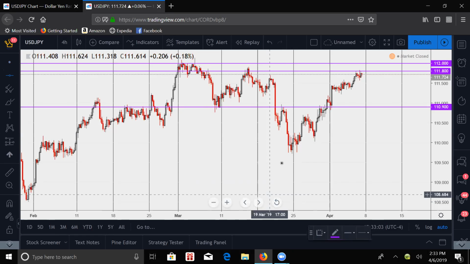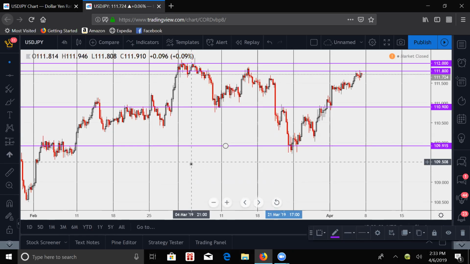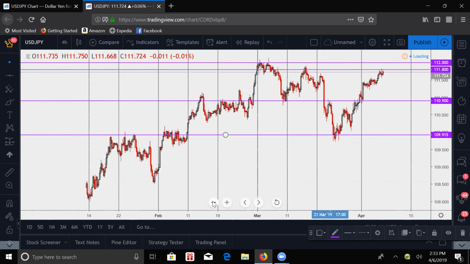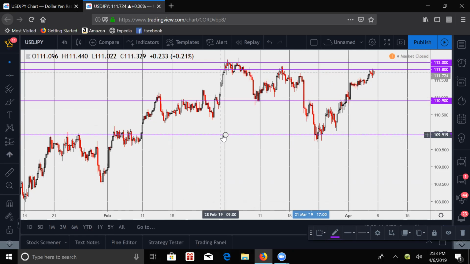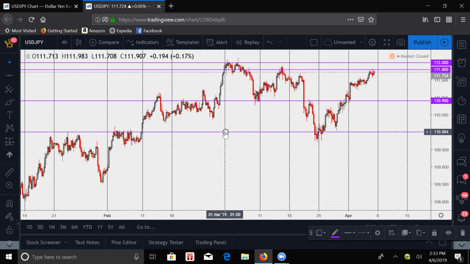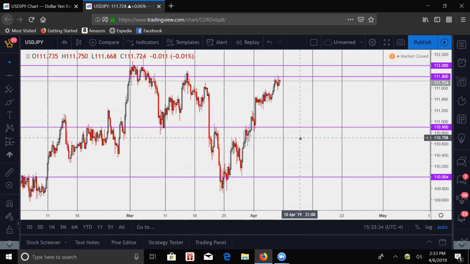And then my second level of support would probably be this right here, this level of 110 and maybe all the way down to 110,800. I'd say that would be a good area of second support if price doesn't break this resistance area and it goes down.